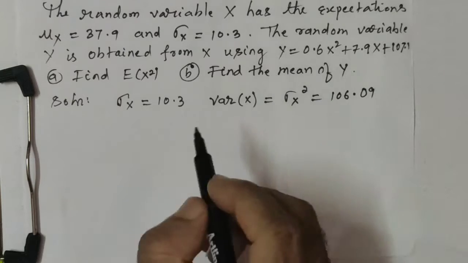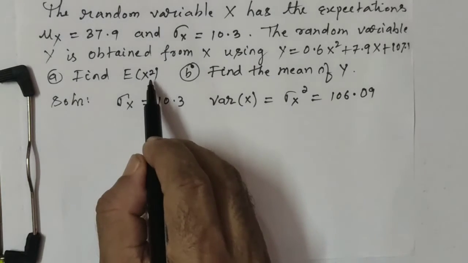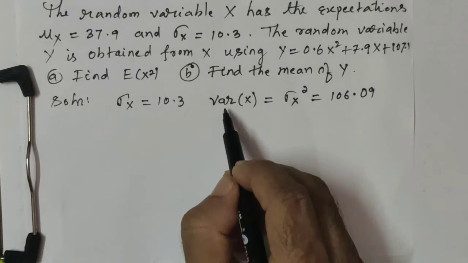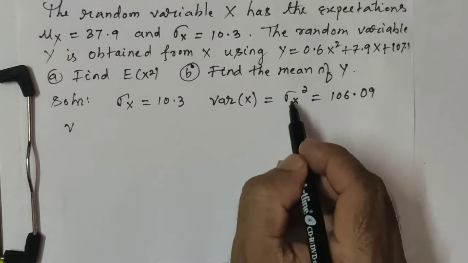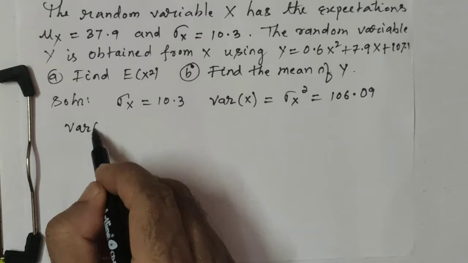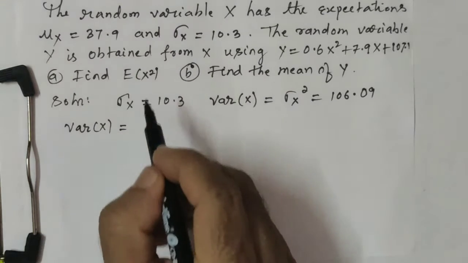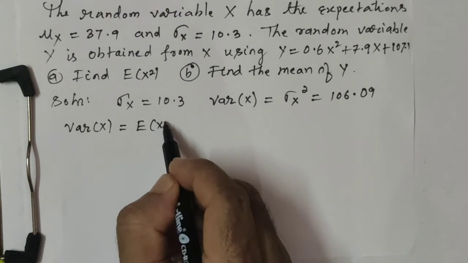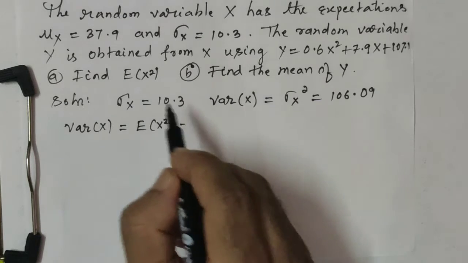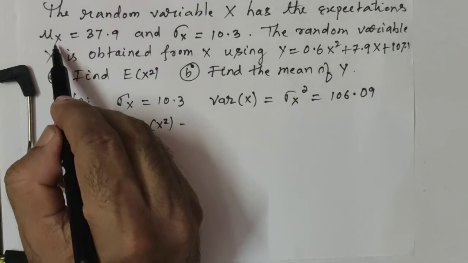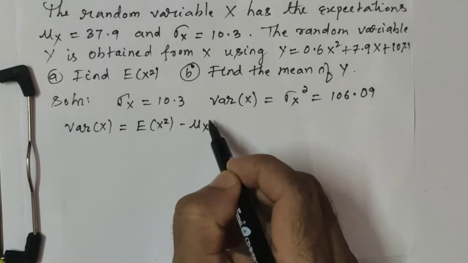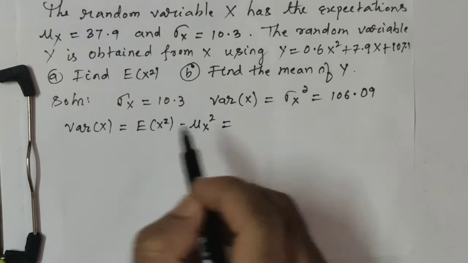So if you want to find E of x square, we need to recall variance of x is given by the relation: sigma x square, variance of x, is equal to expected value of x square minus expected value of x whole square. Here expected value of x whole square, I will write mu x square.